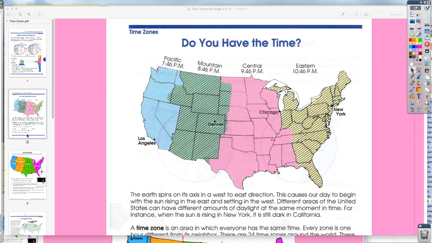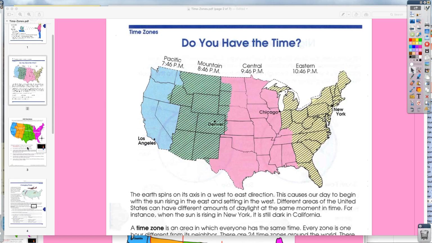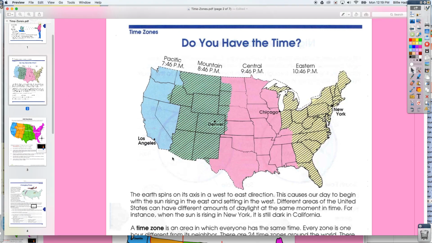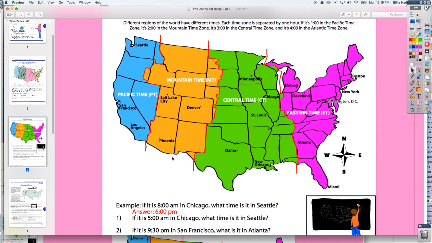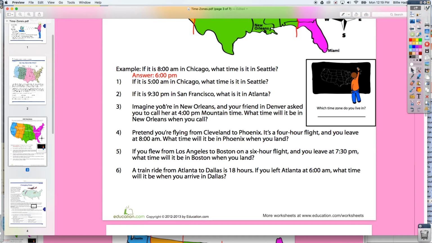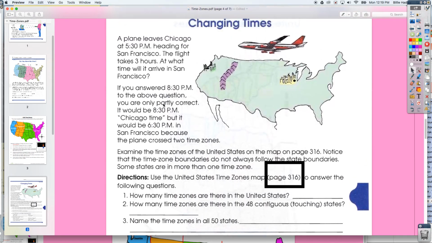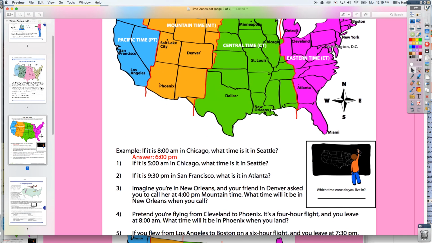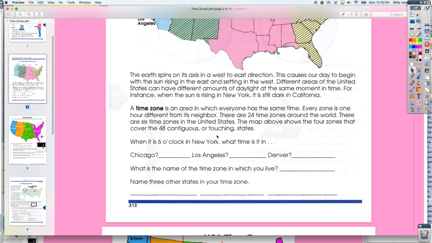The next page you do have. Actually, we did have that. I copied that.